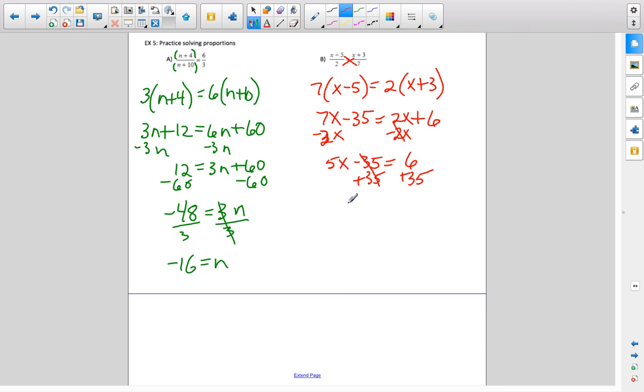So I'll have a cancellation, and 5x equals 41 when I add 6 to 35. Lastly, saving my division for last, x equals 41 fifths. And if I want to write that as a decimal, 41 divided by 5, I'll get the nice answer of 8.2.